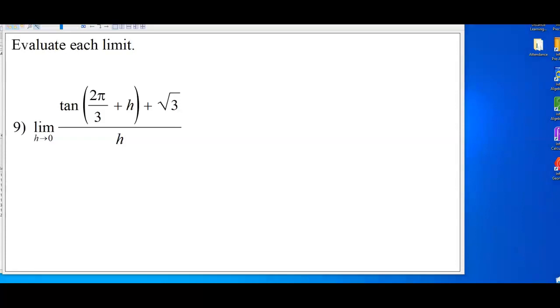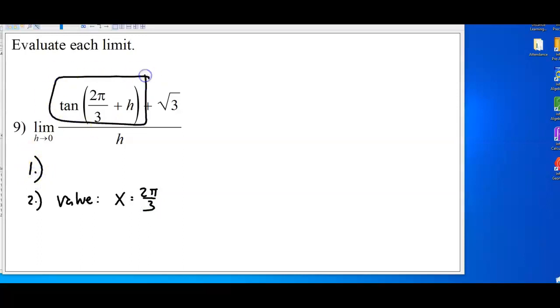So once again, here I'm looking at a standard limit definition of a derivative, and the value at which we're finding that derivative is this number. The function will be this whole piece here, where I take away the h and I replace this with an x.